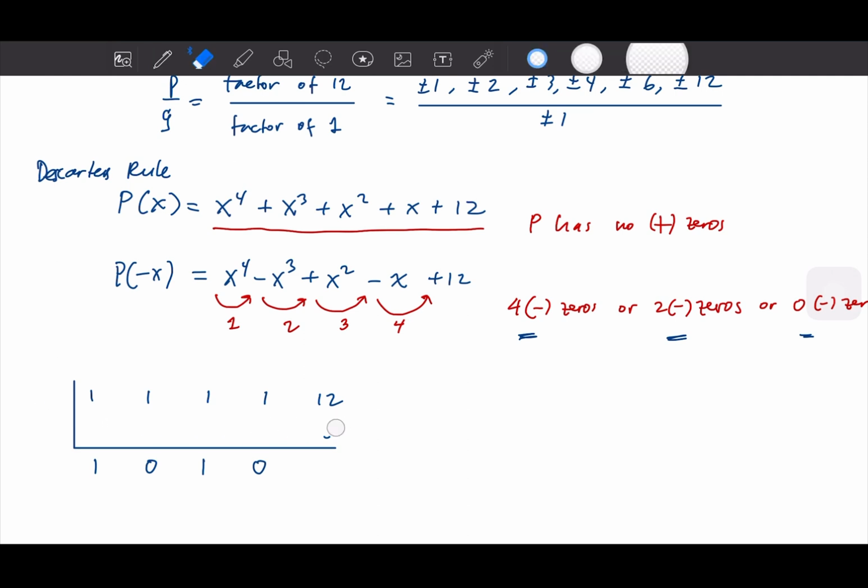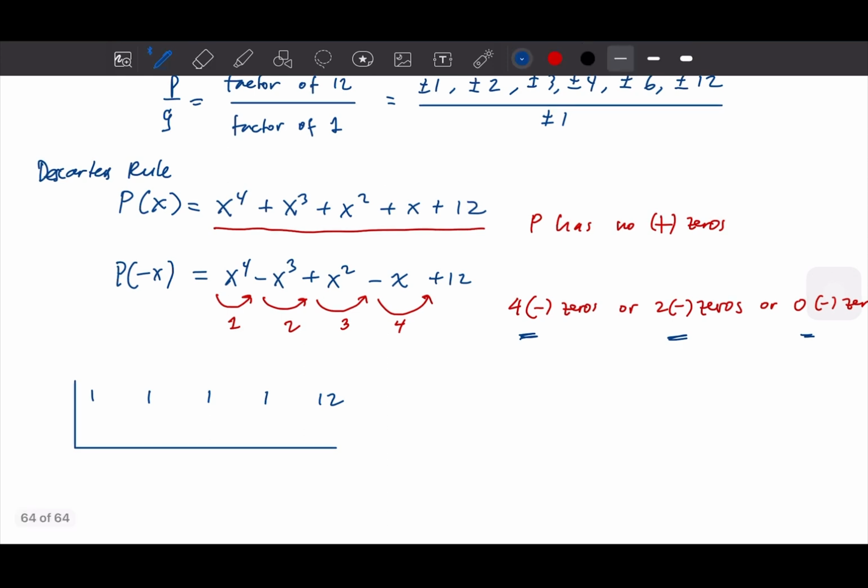So let's go to the other number. Okay, still not okay. So let's try negative 3.